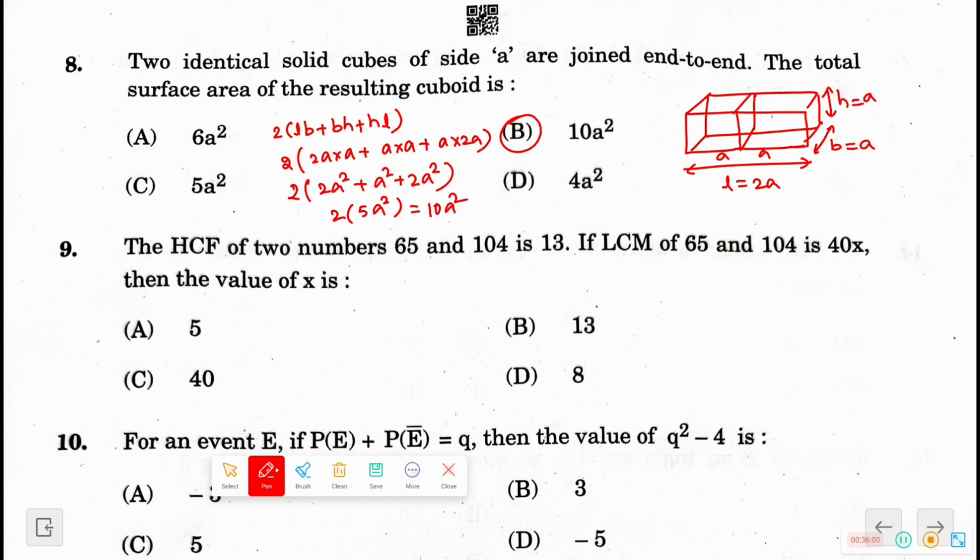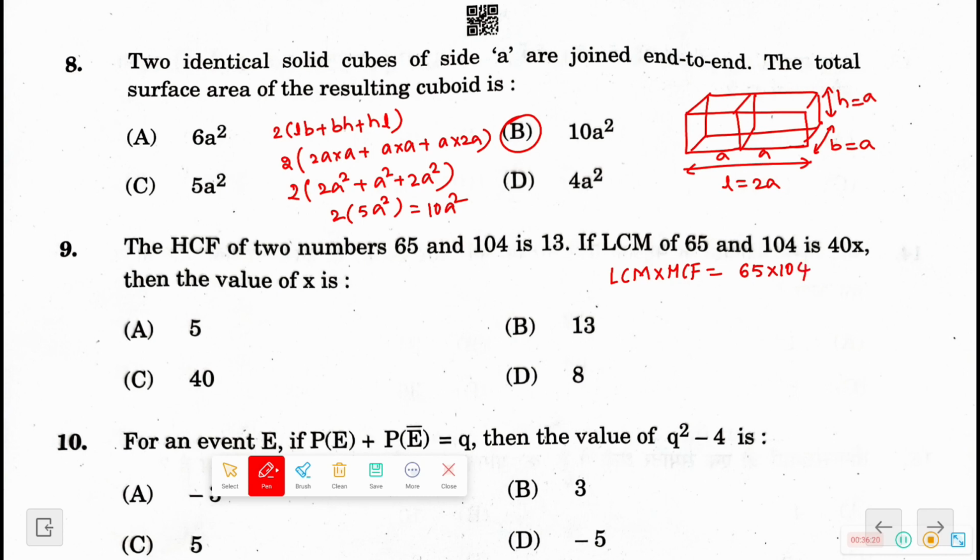Now, question number 9 was given in set 1. Here, the LCM and HCF of two numbers are given. LCM into HCF is equal to the product of the two numbers. So the product of the two numbers is 65 into 104.